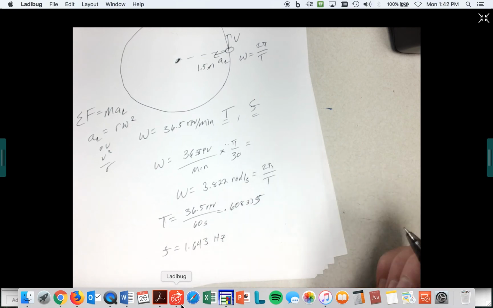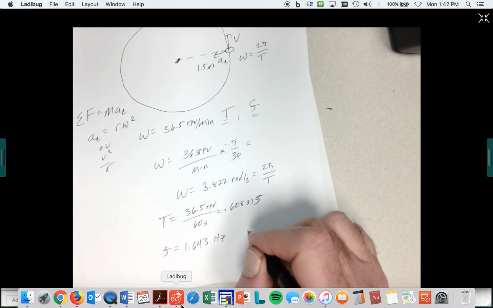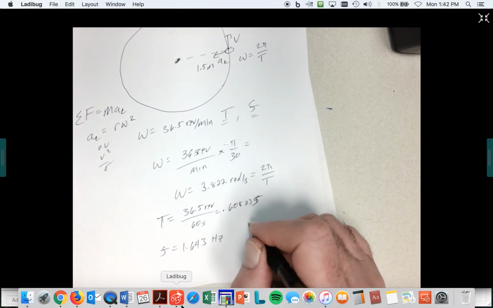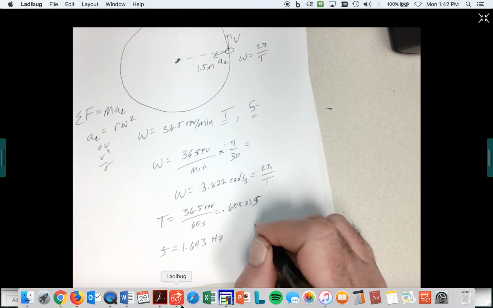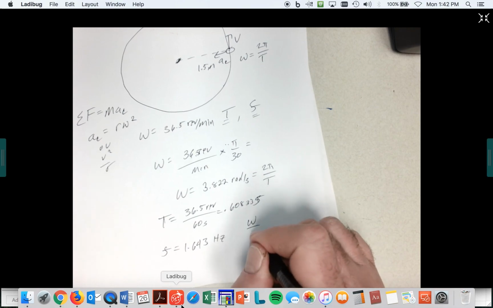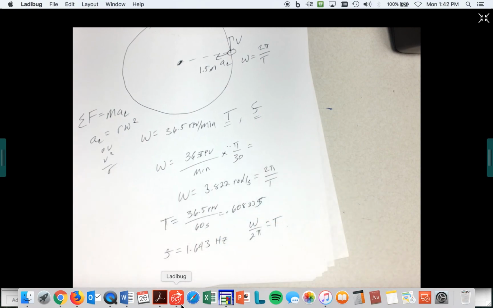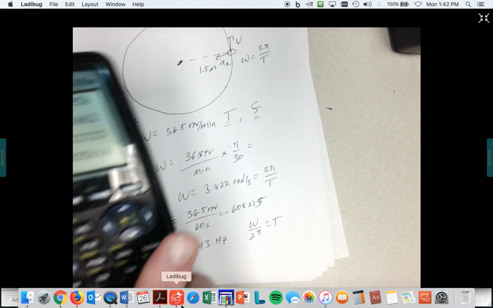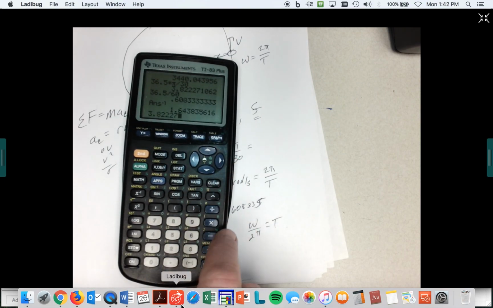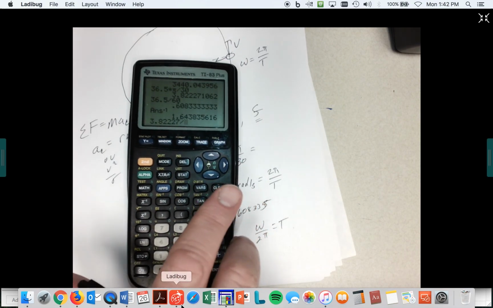So this is seconds. It still works this way if I take omega divided by 2 pi. That will also give me my period. Let's see if we get that. So if I take that omega, which is 3.82227 according to my calculator, divided by 2 pi.